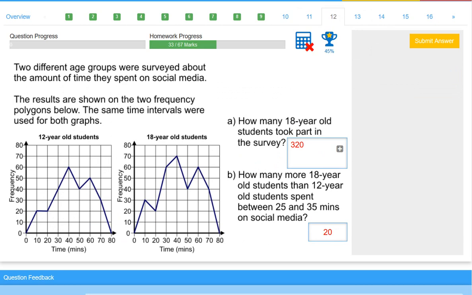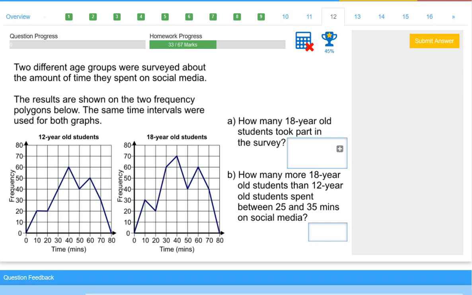Here we're asked how many 18-year-old students take part in the survey, and the graph does look a bit complicated, but I notice that I have some distinct figures at 10 minutes, 20 minutes, 30 minutes, 40 minutes, 50 minutes, 60, 70 minutes. Beyond that, it's all at 0.